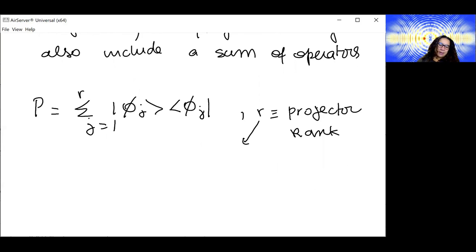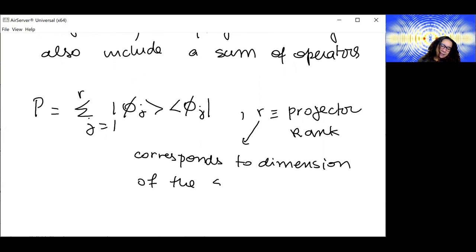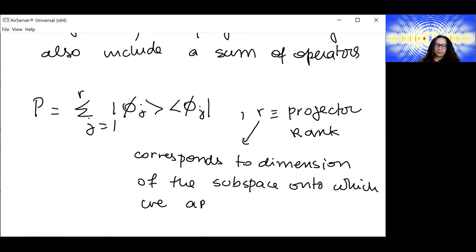This rank corresponds to the dimension of the subspace onto which we are projecting.